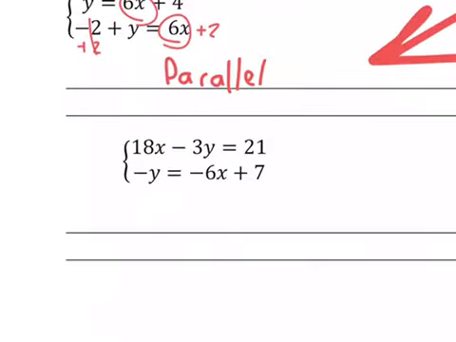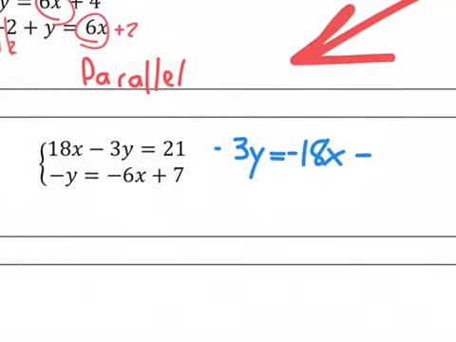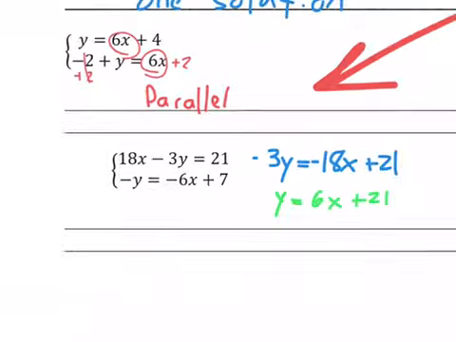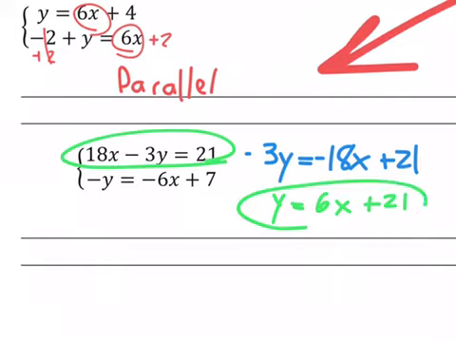All right, this one here, if we solve this top equation by subtracting 18x to the other side, and then divide everybody by a -3, you will see that this top equation here is really this.